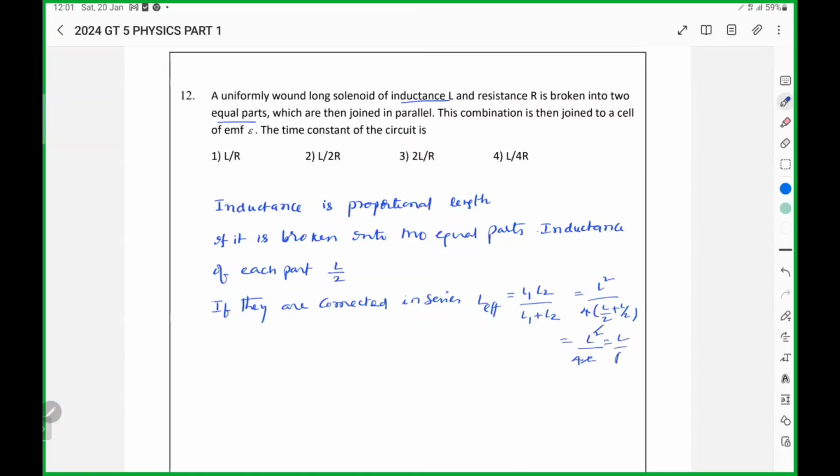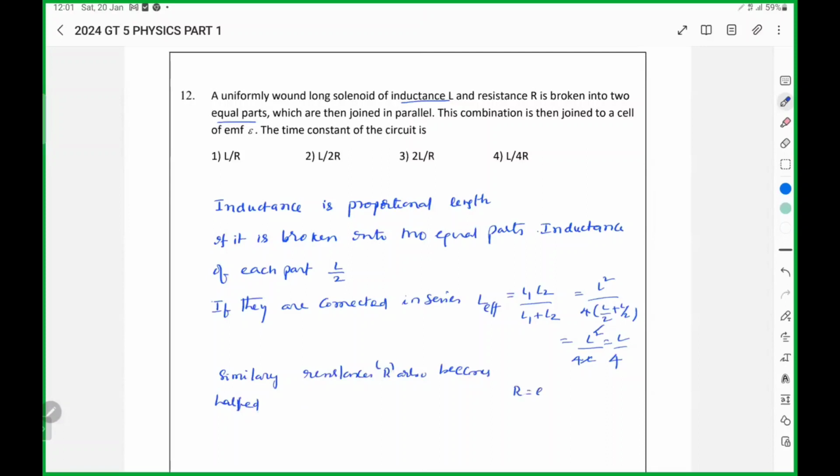Since they are in parallel, it is L by 4. Similarly, resistance R also becomes halved.